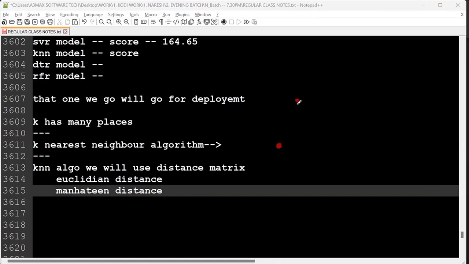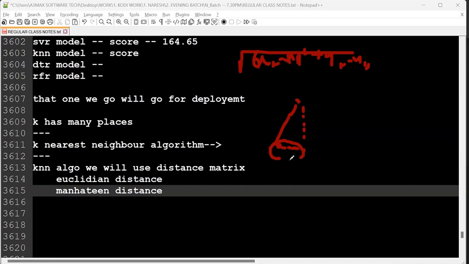The distance between 2 data points, how do you compute it? Square root of (x2 minus x1) whole square plus (y2 minus y1) whole square. It's the Euclidean distance. If I apply this to find the distance of 2 points, I can compute the distance of this line.